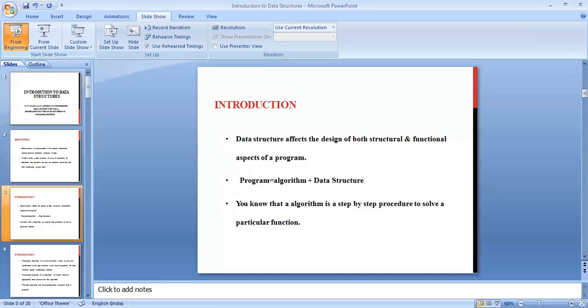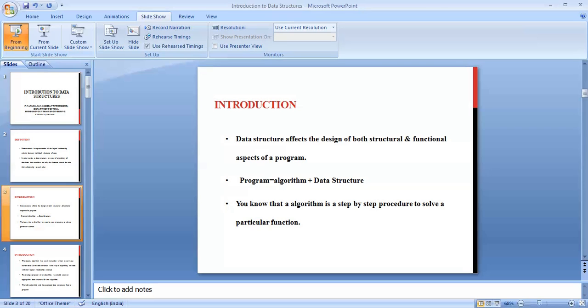Here we classify the data structures. The classification of data structures is divided into two broad categories: primitive data structures and non-primitive data structures. See here, first the primitive ones: integer, float, character, pointer.